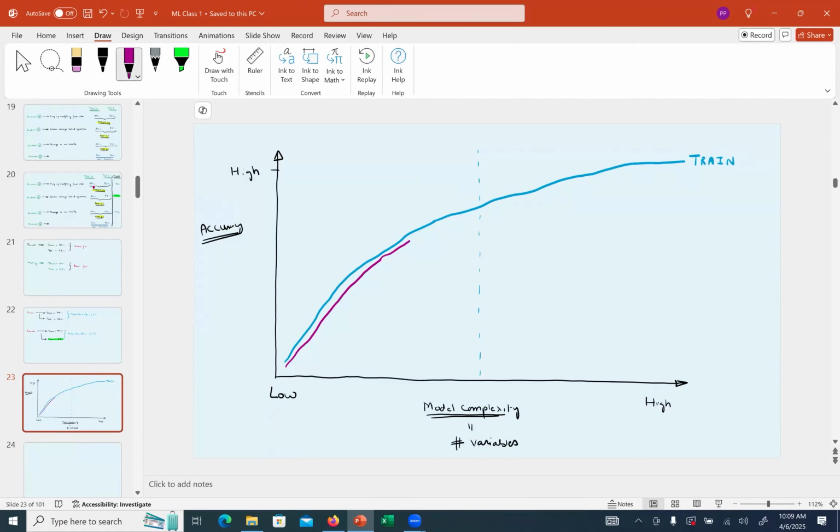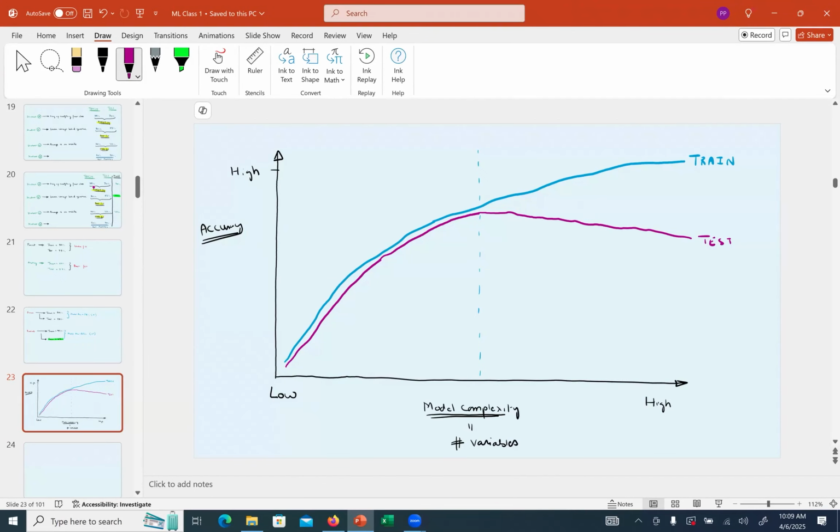It will also increase with train data, but after a point, if you add more variables, it will start going down. And again, these are generic things that I'm telling you, that most of the time this happens. I cannot make a rule that this will always happen, but in general, you will see this.